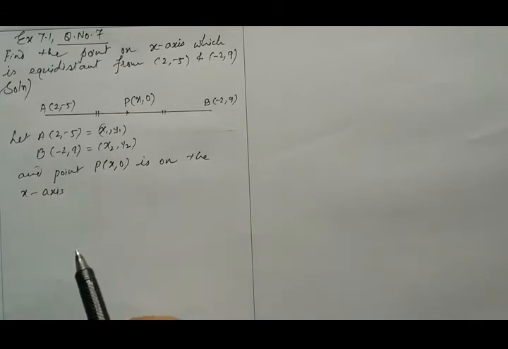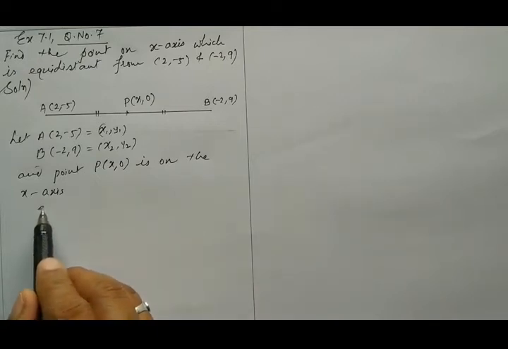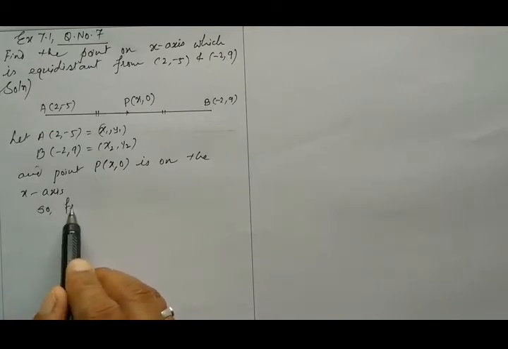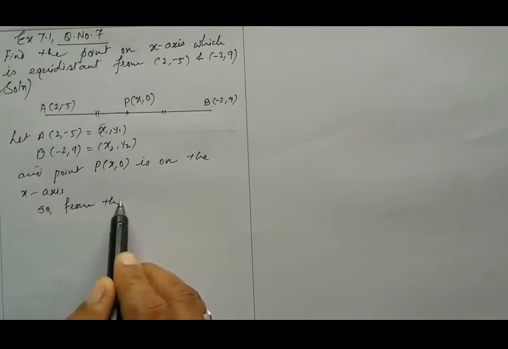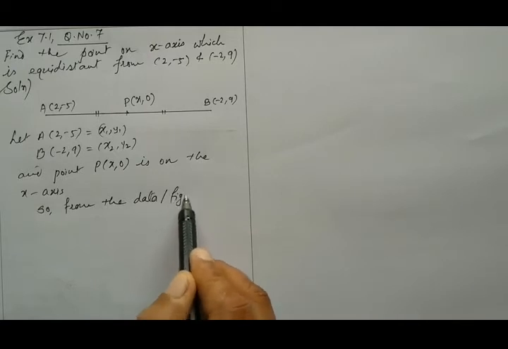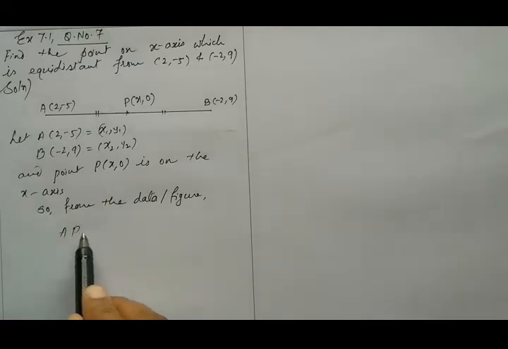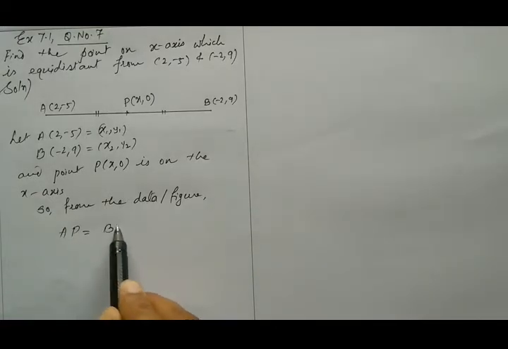Now it is given that it is equidistant. So from the data, or if you draw the figure, you can write from figure, AP is equal to BP.